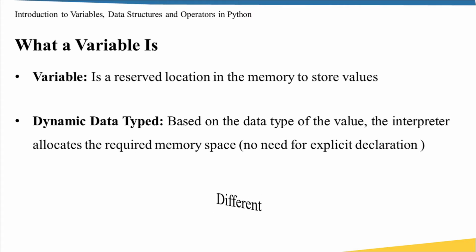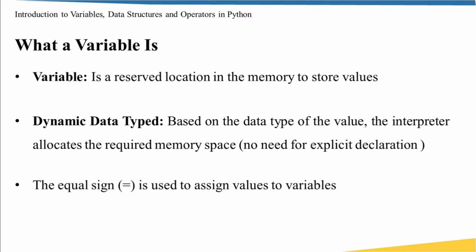And this is different from other programming languages like Java, for example, in which you have to explicitly specify the variable data type. Also, you have to keep in mind that we use the equal sign in order to assign a value to a variable. And according to this value, the interpreter will understand the type of that variable.